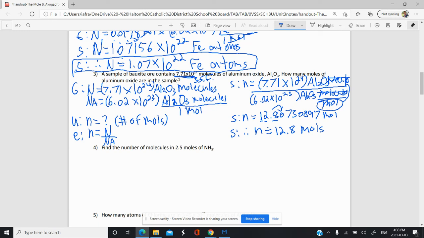I just want to show you, you could have done this using the conversion factor method, which is basically what we did here, but this is the other method, using conversion factor.